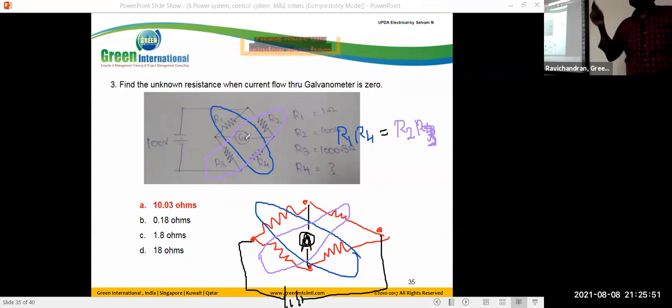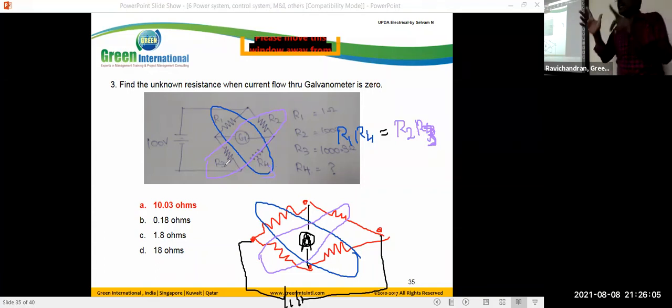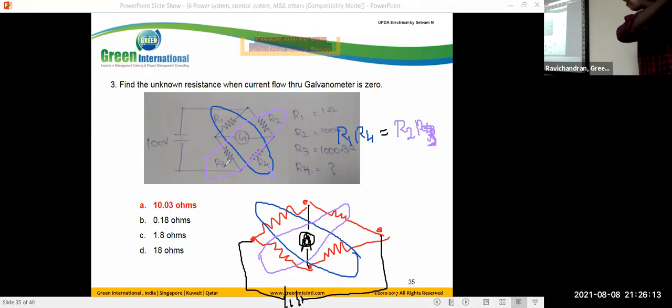And cleverly, they put the numbers R1, R2, R3, R4 in different positions. Sometimes, out of curiosity, you write R3 here, R4 there. So don't memorize the formula as R1 into R4 equal to and so on. Don't memorize it. Just multiply the cross resistances, then equate. Don't memorize the formulas, because we may write them the wrong way by mistake. This question is frequently asked in exams.